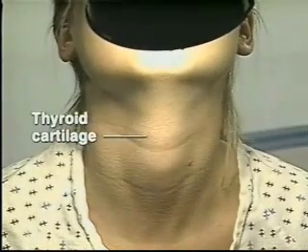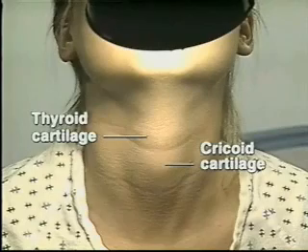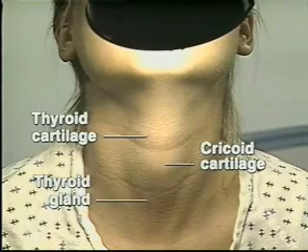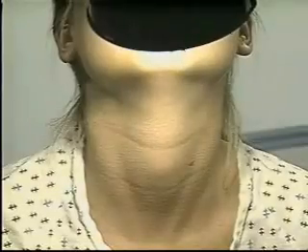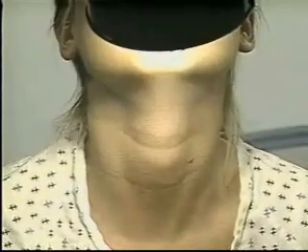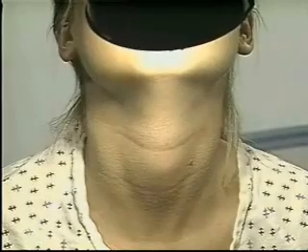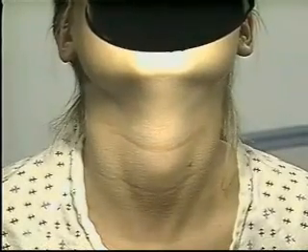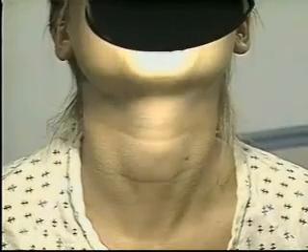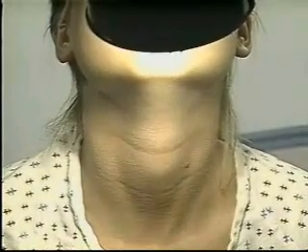Identify the thyroid cartilage, the cricoid cartilage, and the location of the thyroid gland. Now watch as the thyroid cartilage, cricoid cartilage, and thyroid gland all rise with swallowing. Watch again. Normally, the thyroid and cricoid cartilages and the thyroid gland rise with swallowing and then return to their resting positions.